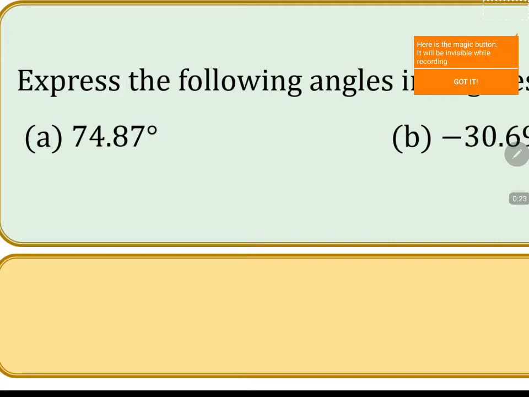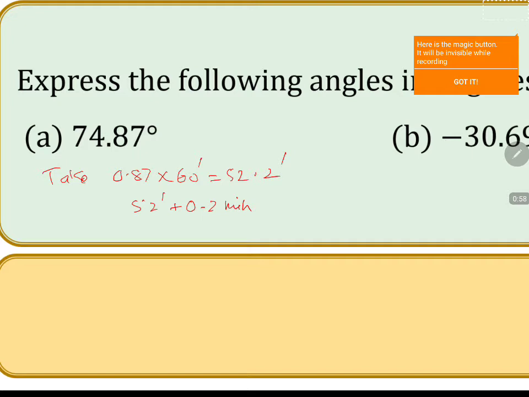So, take 0.87 multiply with 60 minutes. So, what you get? 52.2 minutes. Okay. So, that means it is 52 minutes plus 0.2 minutes.